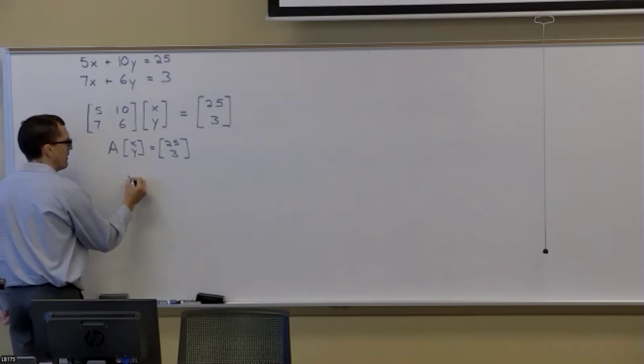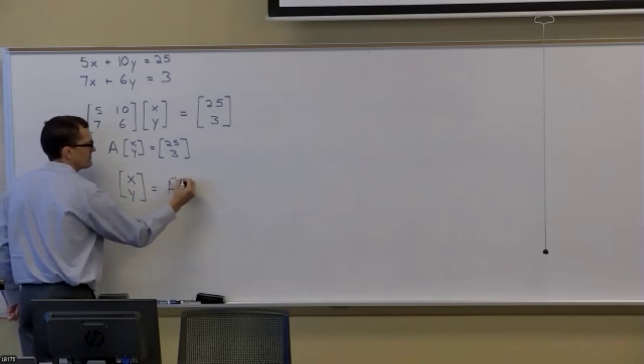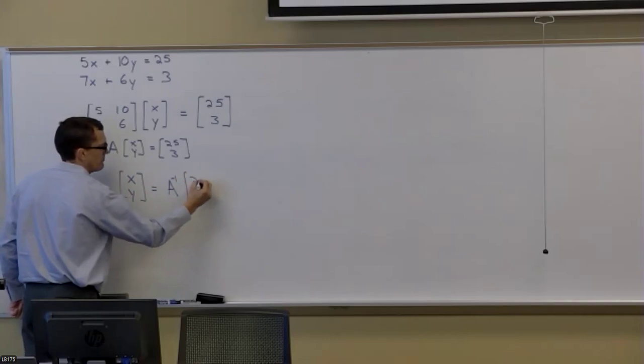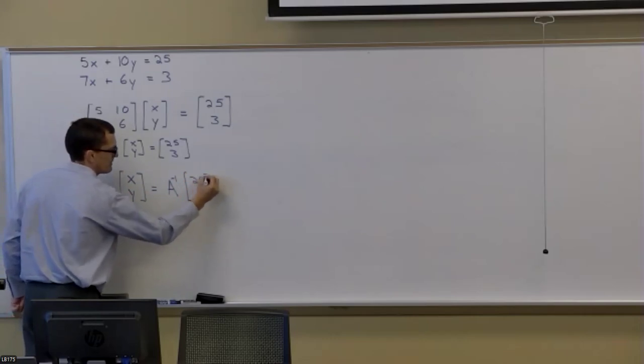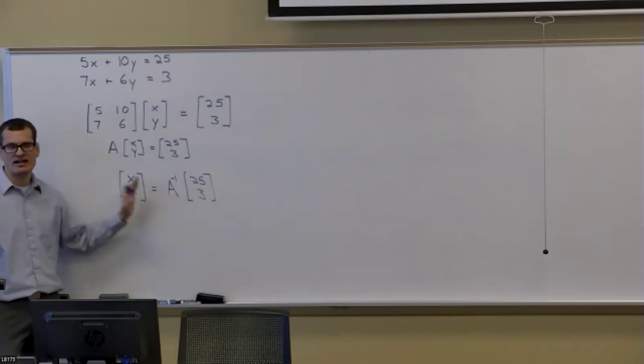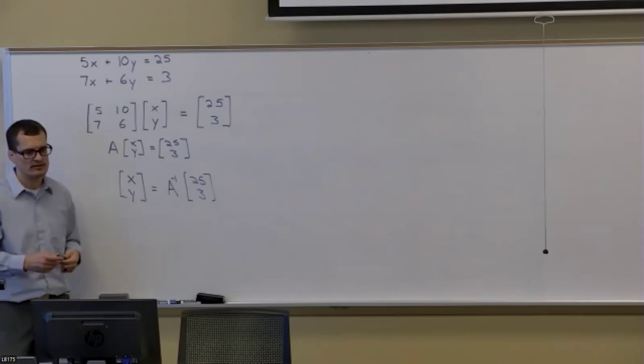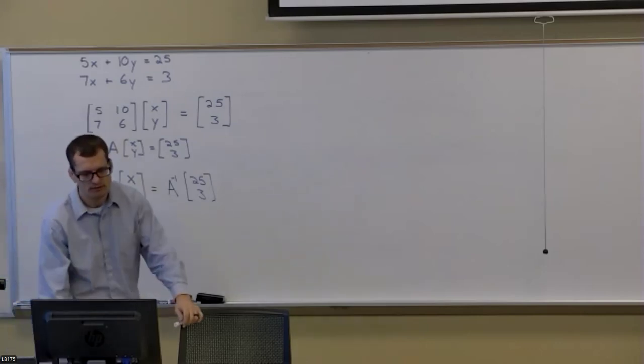So it turns out the XY can also be found by taking that A inverse and multiplying it by 25, 3. That makes sense? Now you have to be careful, you have to multiply on the left-hand side because of what we talked about earlier. Always multiply on the left. Otherwise, the dimensions don't work out.